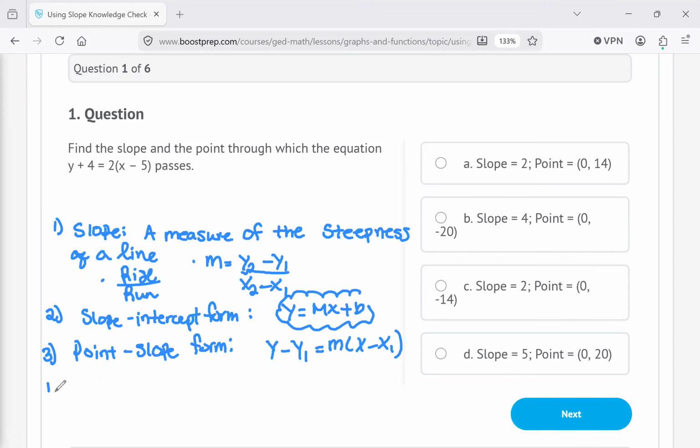Another thing you need to know about is parallel lines. How do you know if two linear lines are parallel? First off, they never intersect. So you could say two or more lines never intersect.